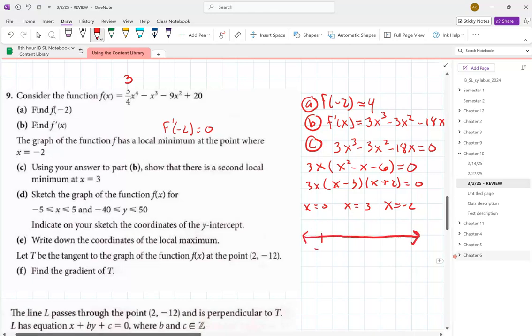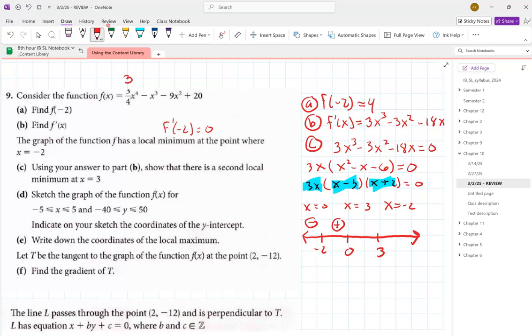I would probably do a first derivative test here. So if I plug in, say, negative 3, I'd have negative times negative times negative. If I plug in negative 1, I'd have negative times positive.